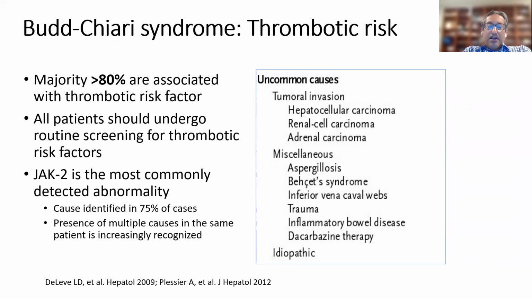There may also be cases without any underlying cause, which we call idiopathic. At the same time, some studies from France and Italy have not found an underlying thrombophilia or hypercoagulable state in about 15 to 30% of the cases.